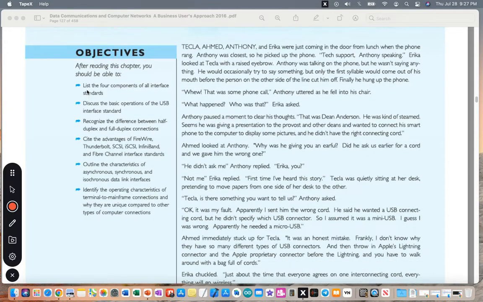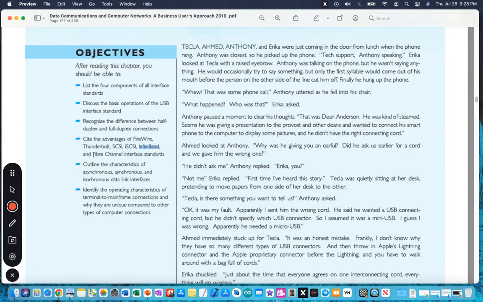After reading this chapter, you should be able to list the 4 components of all interface standards, discuss the basic operation of the USB interface standard, recognize the difference between half duplex and full duplex, and cite the advantages of FireWire, Thunderbolt, SCSI, iSCSI, InfiniBand, and Fibre Channel interface standards.